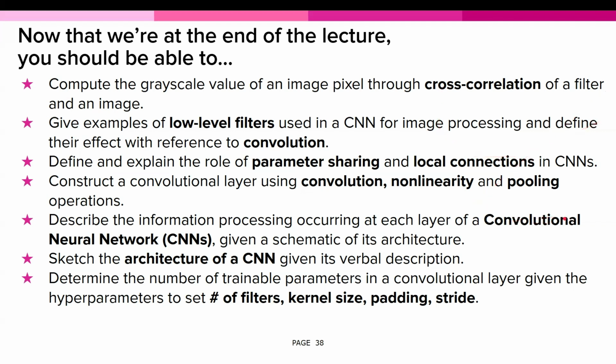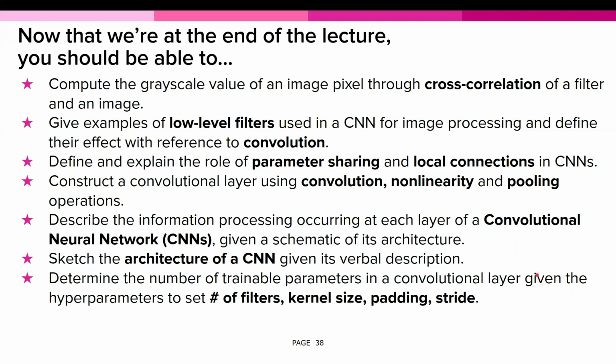We went over a couple examples of convolutional neural network architecture, a couple ways that you might see them presented in a textbook or in a research paper. I'd like you to be able to describe the information processing that occurs in the convolutional neural network, given a schematic, but also, given a verbal description, be able to sketch the architecture.